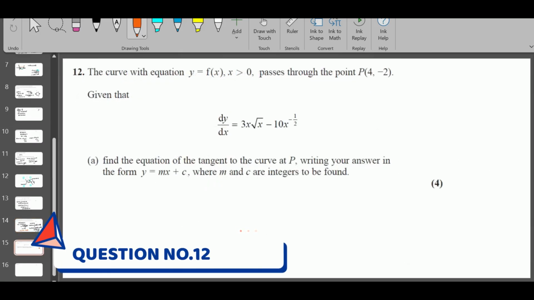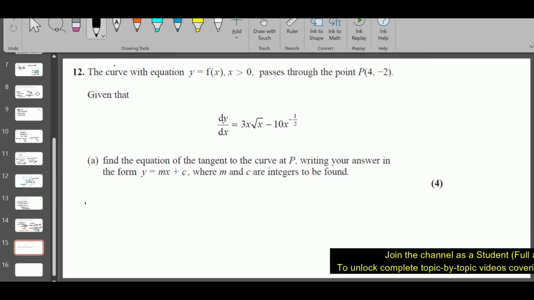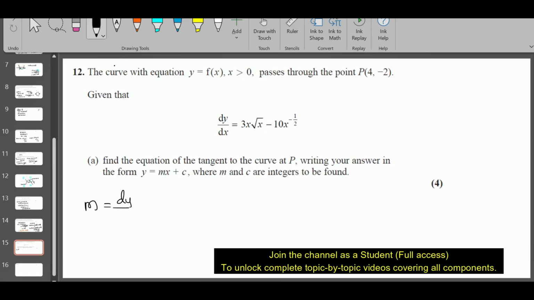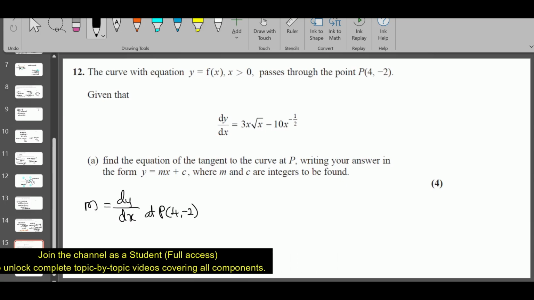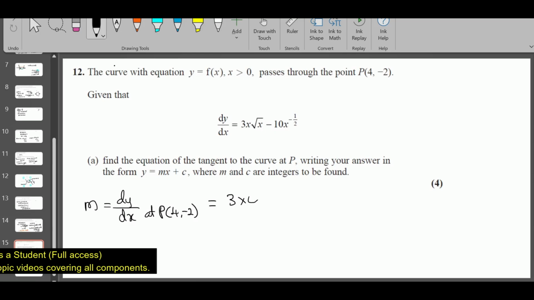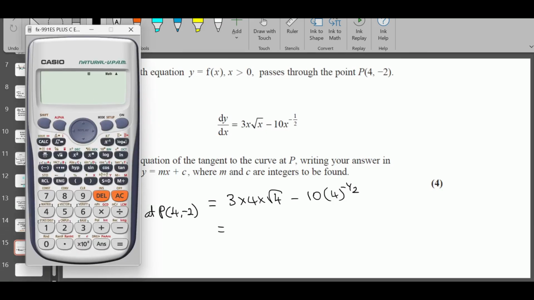Last question, question number 12. You have dy by dx given. Find the equation of the tangent at this point. So to find the slope, you replace the x by the x coordinate of the point. So 3 times x times root x minus 10 times 4 power minus half. So it's going to be 3 times 4 times 2, 24, minus 4 power minus half is 1 over 2, so 10 over 2 is 5.